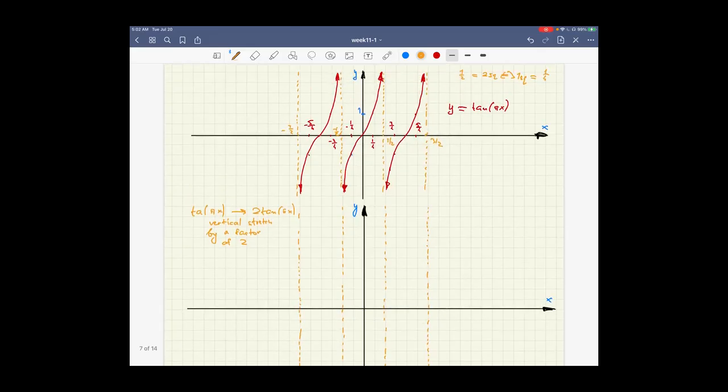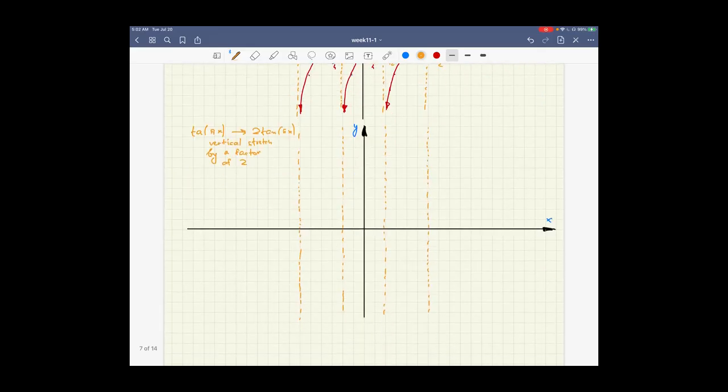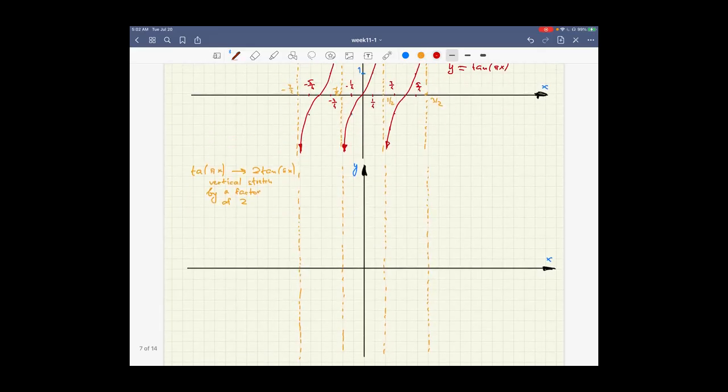The only difference is that now, at these midpoints, 1/4 and 5/4, the value will be not 1 but 2.